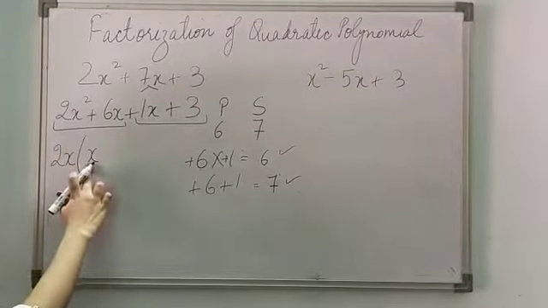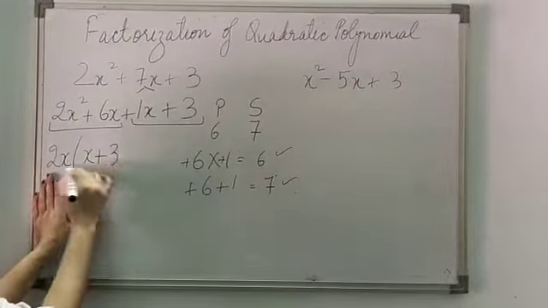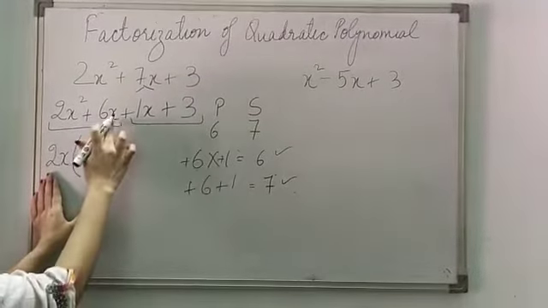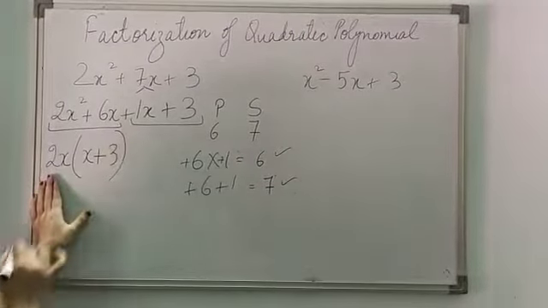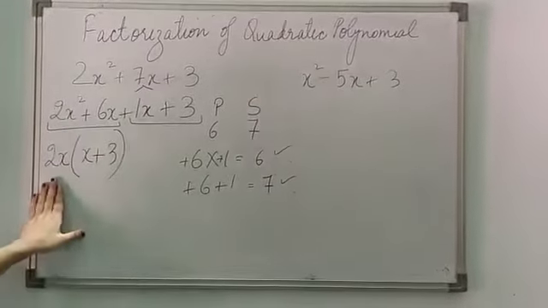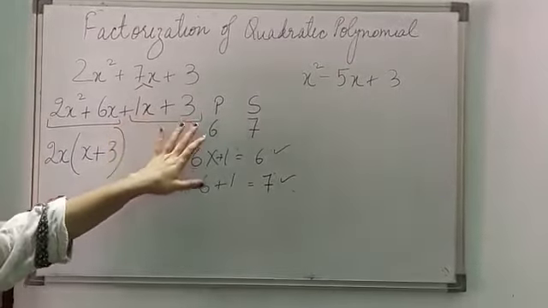Only 1x is left. Plus sign, 2 threes are 6 and only 1x is there, which I have taken outside the bracket, so nothing is left.